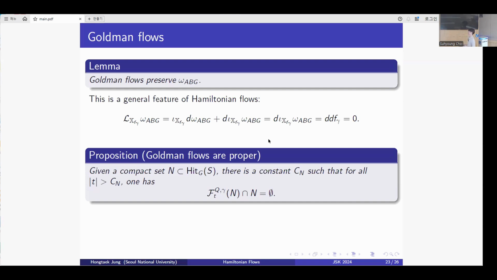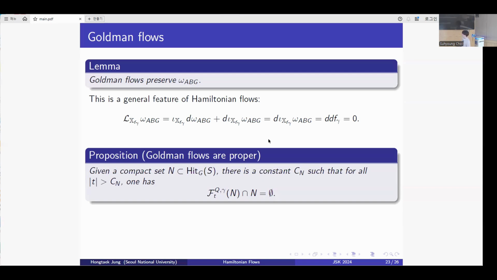It's not necessarily true for general Hamiltonian flows, which says that if you are given a compact subset N in your Hitchin component, there is a constant depending on your compact set such that if T is bigger than this particular constant, then N flown by the Goldman flow for time t is always disjoint from the original set N. So this basically tells you that your Goldman flow is proper.